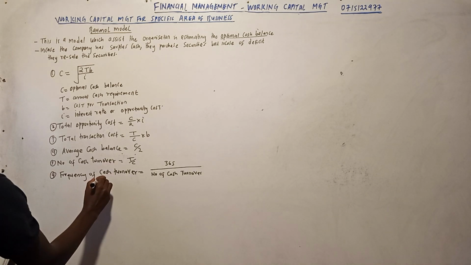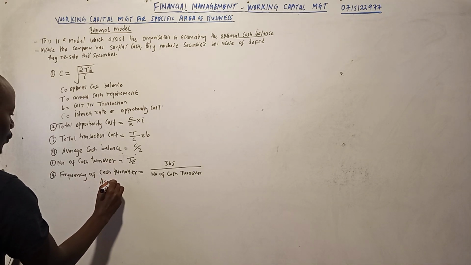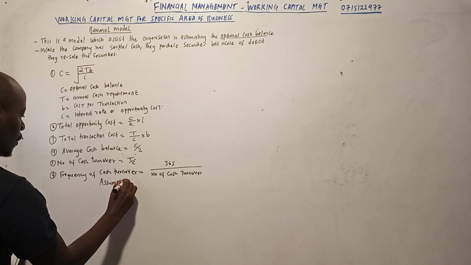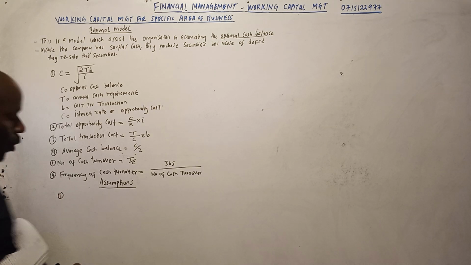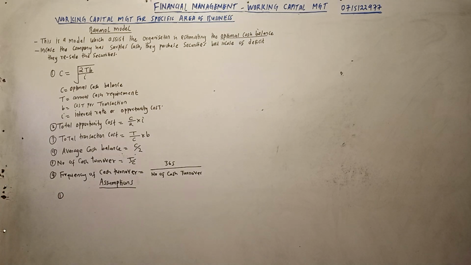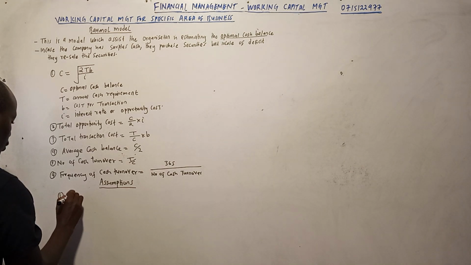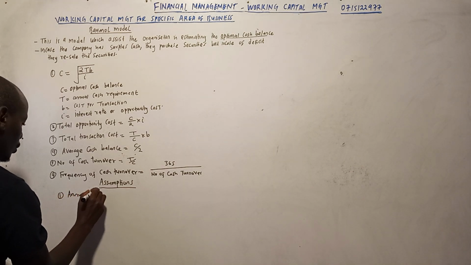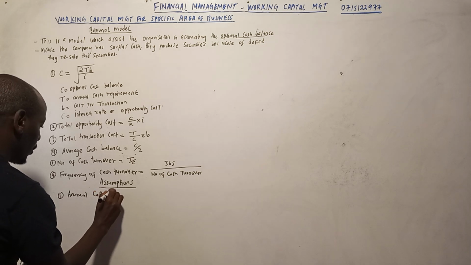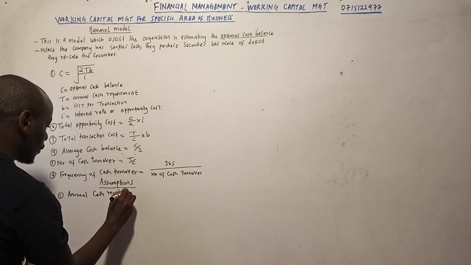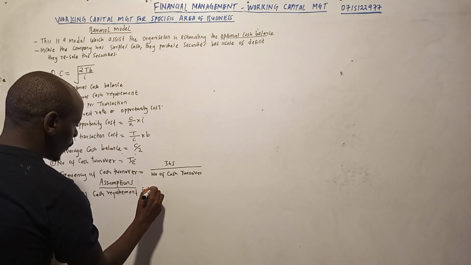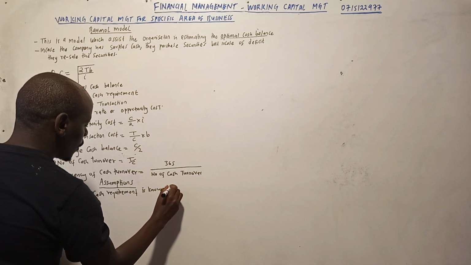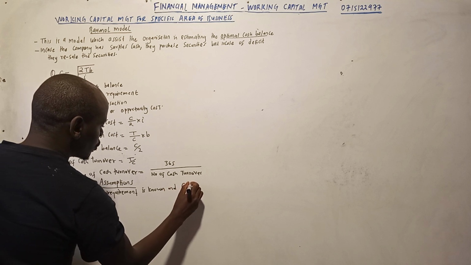So we can look at the assumptions before we do a question. Number 1, one of the assumptions is that the annual cash requirement is known and constant.